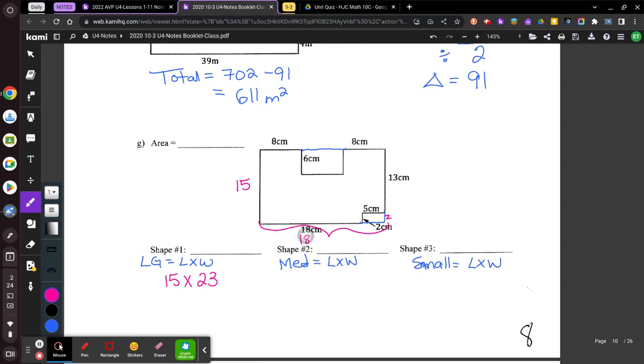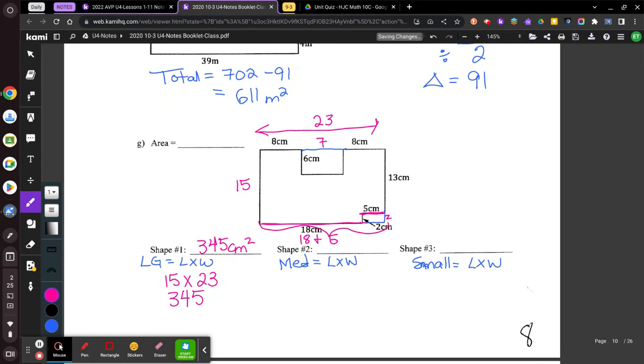That guy is 18 plus 5. The 5 right there and the 18. So that tells me 18 and 5 make 23. So the whole long side, edge to edge here, is 23. That makes this little guy in here a 7. Because 23 subtract 16 is 7. So now, on this large rectangle, I'm going to get 345. So I get 345 centimeters squared.